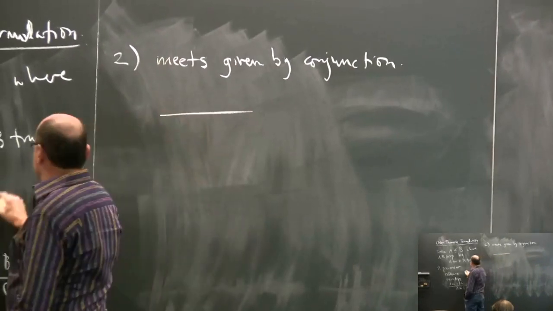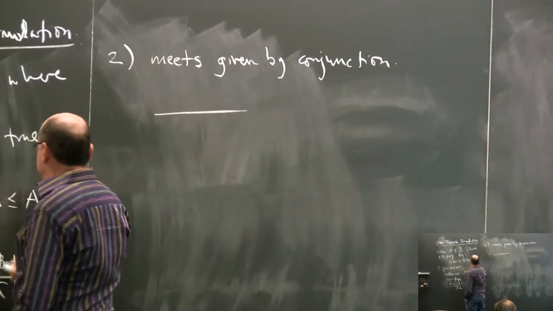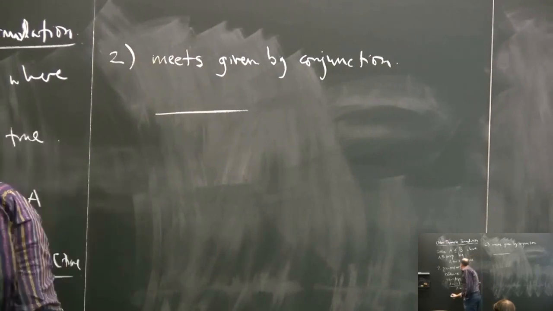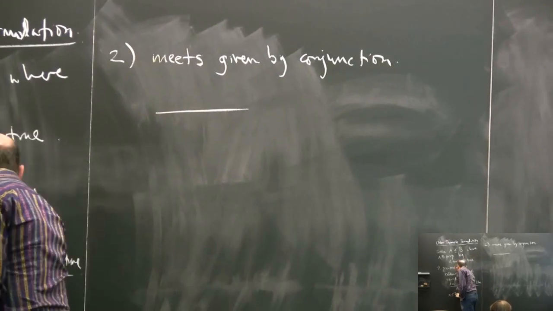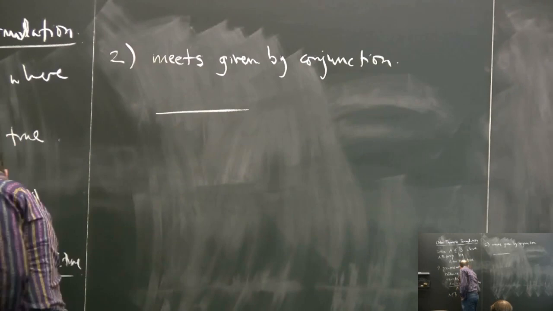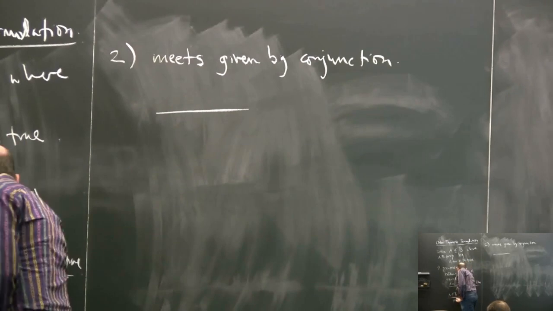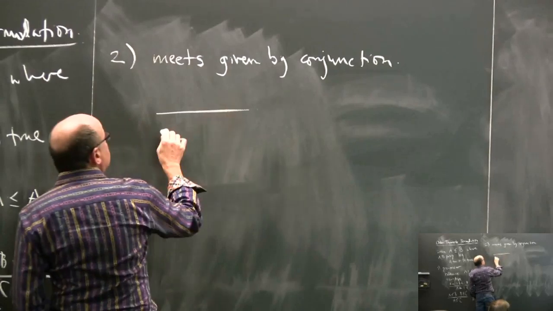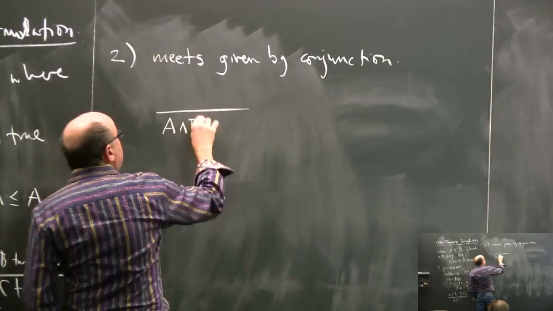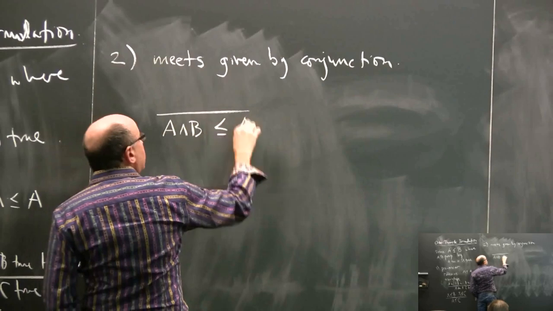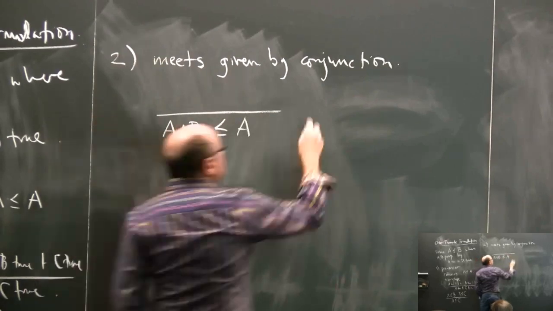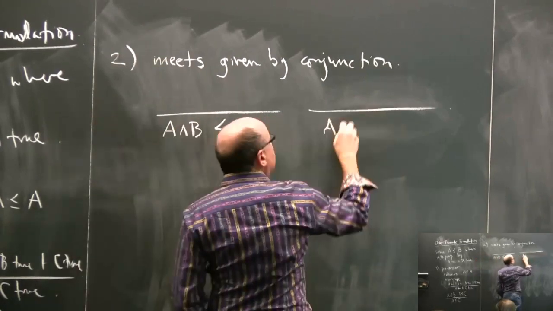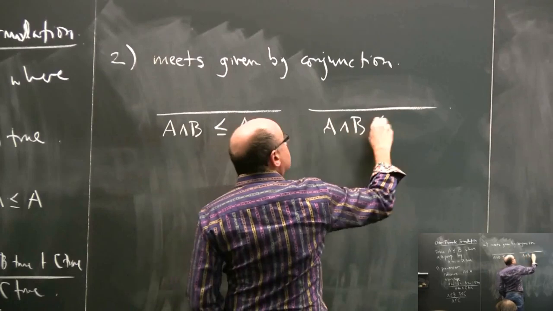A is less than or equal to A, and if A is less than or equal to B, and B is less than or equal to C, then A is less than or equal to C. So it'll look more familiar to you. So meets given by conjunction: A and B is less than or equal to A, and A and B is less than or equal to B.